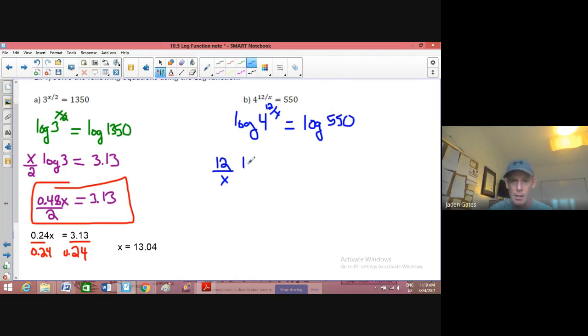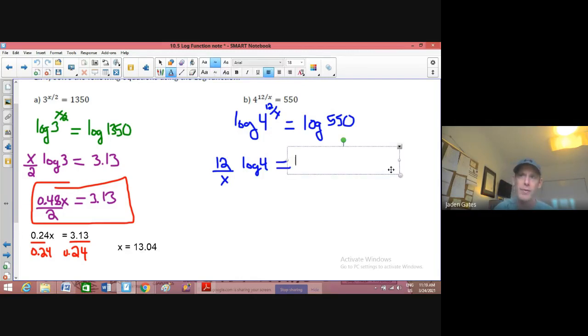All right, and I have my log times log of 4, equals. All right, take the log of 550. 2 point something, I imagine. Let's see here. Yeah, 2.74. Because again, 100 has 2 zeros and 1,000's got 3 zeros. So I knew it had to be in the middle there somewhere.